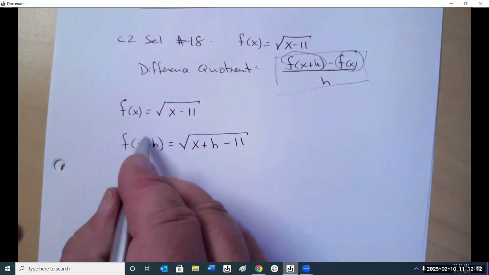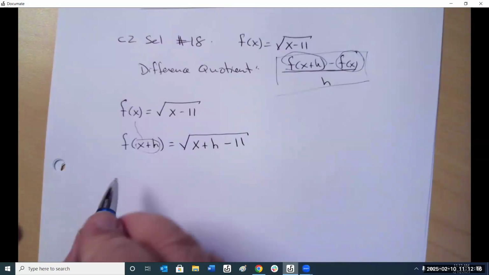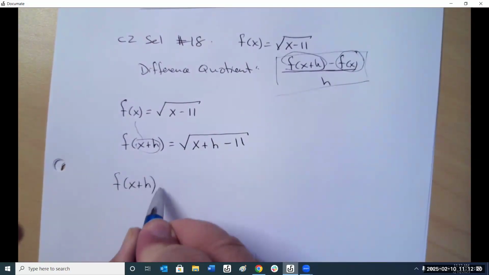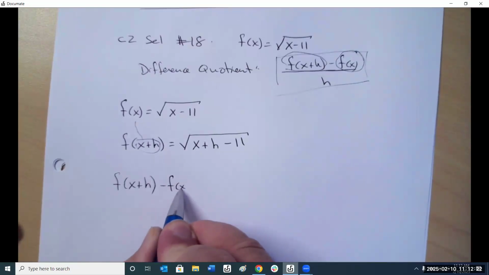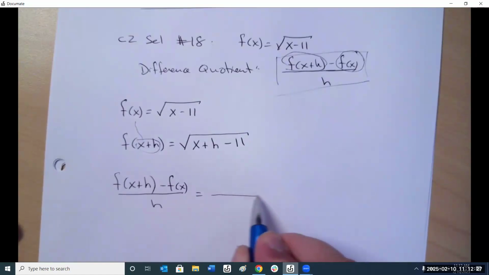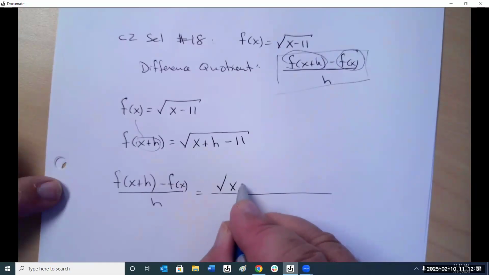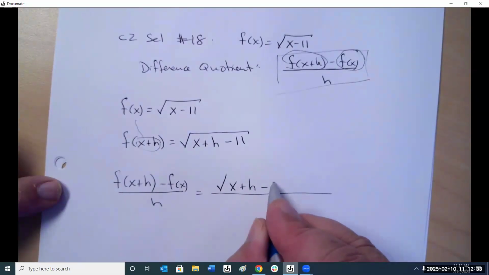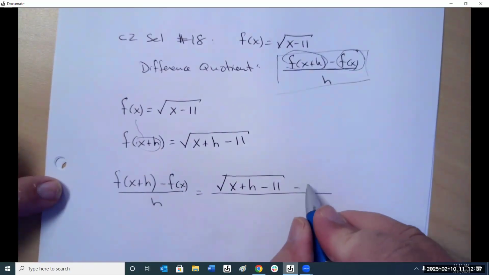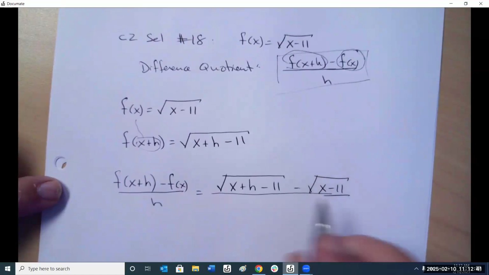Because whatever we have here, in place of x, we put x plus h. And let's plug what we have in here. We have the square root of x plus h minus 11 minus the square root of x minus 11 over h.